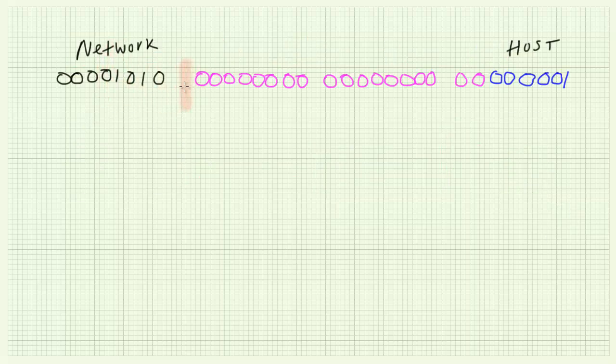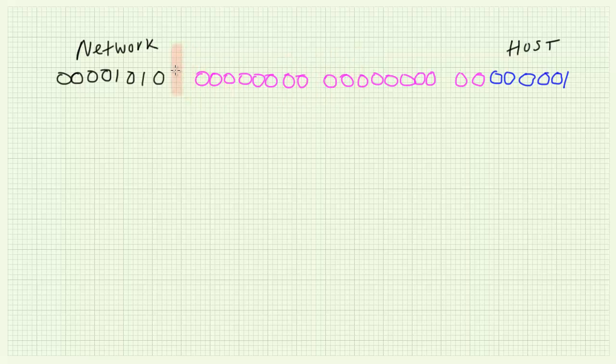So this idea of classful addressing allows us to specify that the boundary between the network portion of the address and the host portion of the address could occur right here between these two octets, here between these two, or here between those two. So how do we configure it so that we can decide where that boundary goes?